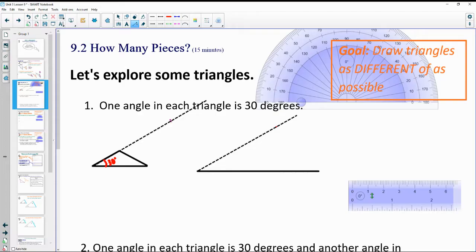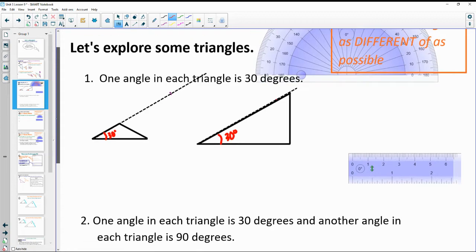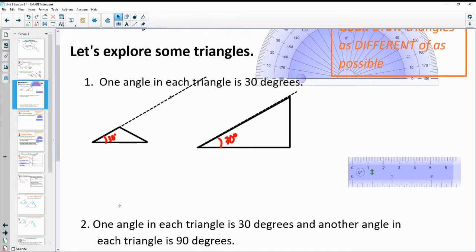This time I'm going to shorten my original segment a little bit here, and I'm going to maybe do this. So that still has a 30-degree angle. This one right here is 30 degrees. So each of those two triangles has 30 degrees, and they're as different as I could make them. Your goal is to get different triangles.